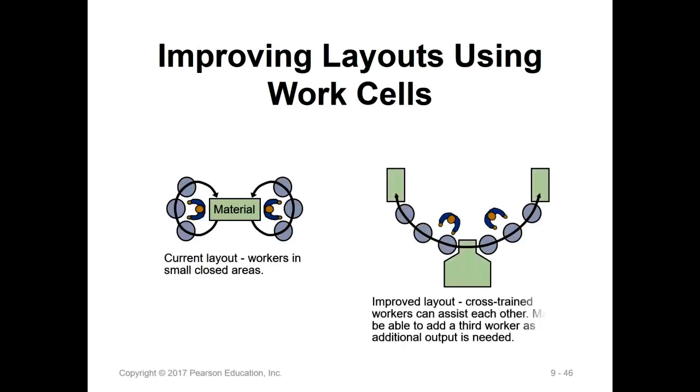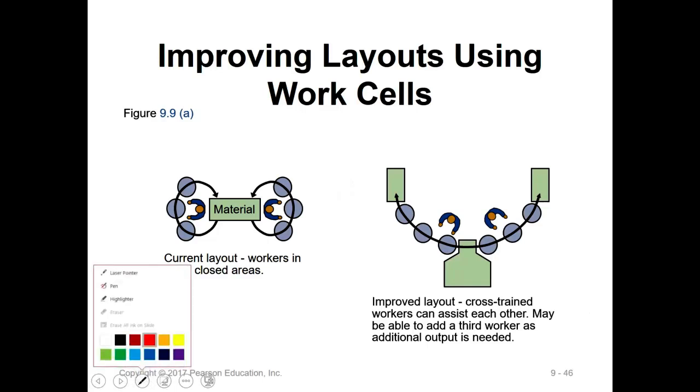Here's an example of the improved layouts using the work cell. Originally, the two people didn't talk with each other. They only worked on their own process, taking care of the 3 small stations. And in lean manufacturing, a lot of times they try to organize the machines in a U shape.